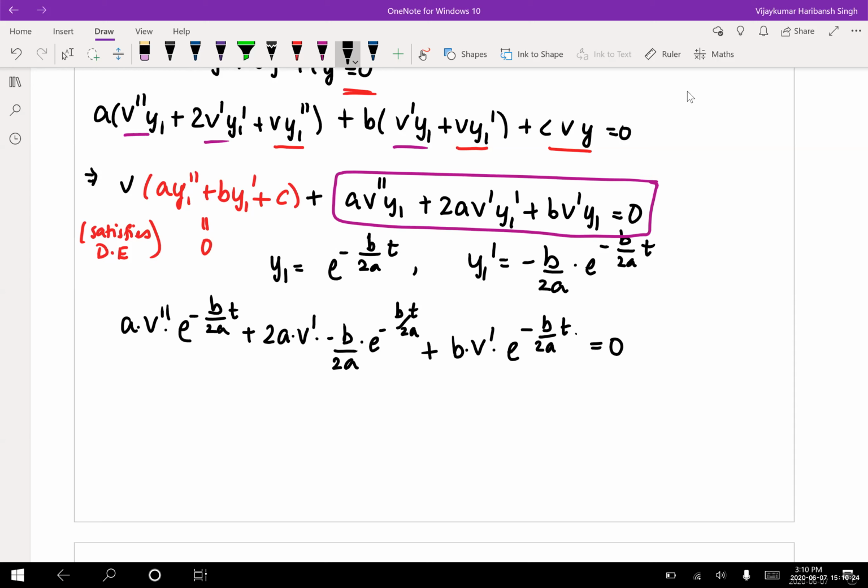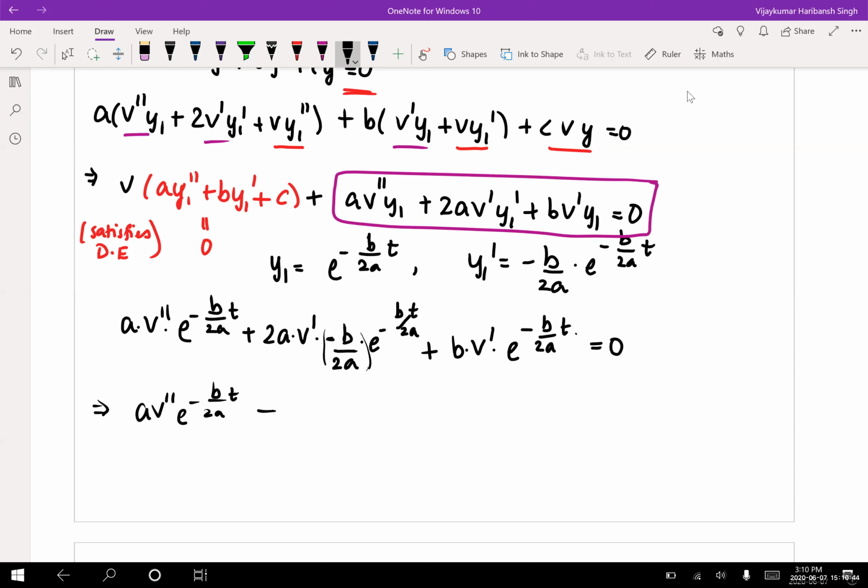So this implies a v double prime e to the power minus b by 2a t. Now notice that this 2 and this 2 will cancel. There's a minus b here, and then there's a plus b, so they will cancel out each other as well.